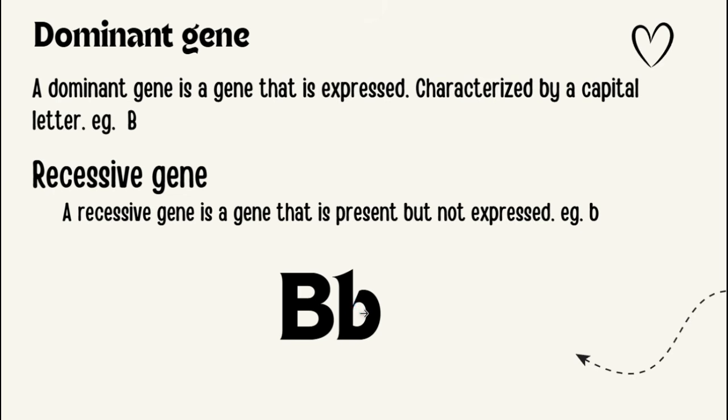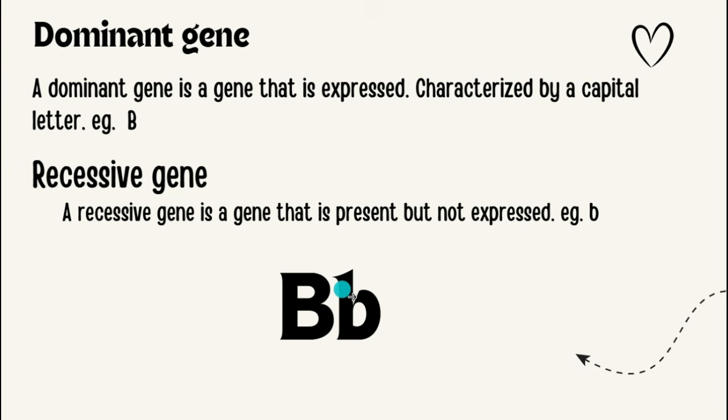What do you think my hair color would be now, right? So this codes for black hair, this codes for brown hair. I get both of them. What color hair do you think I'm going to have if my parents give me both these two genes? My hair color is going to be black, right? And it's going to be black because it's the dominant gene.